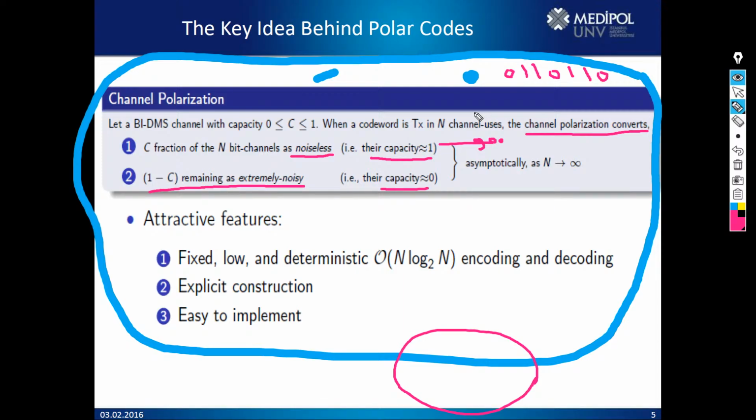And when we say extremely noisy, it means whatever you transmit here, you are not going to receive or be able to detect or correct because it's noisy. And this corresponds in our case to the bad subchannels that we don't recommend transmitting over because they degrade our performance.